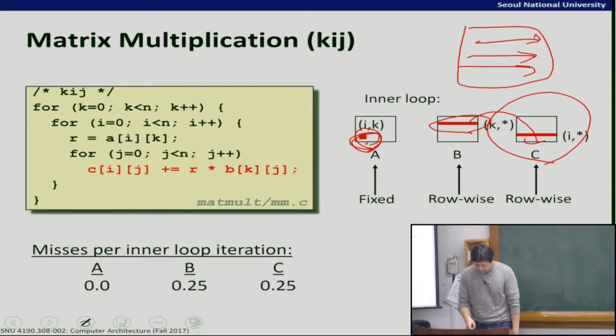This does exactly the same thing. If you look at the loop, you first fix a specific element in A, and then access the partial sum for this and this. Maybe it's better explained this way.